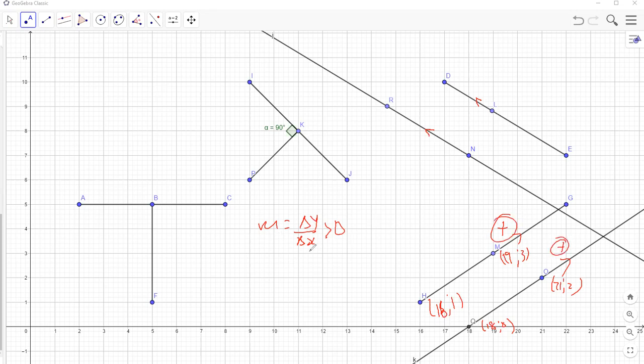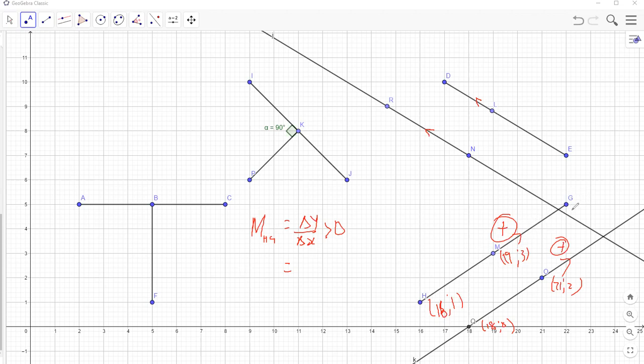Now we're going to figure out the change in y. We're going to take both of the segments. Let's go through that. This is the gradient of HG. We know the points H, M, G are collinear, so the gradient of HG will be the same as the gradient of HM.